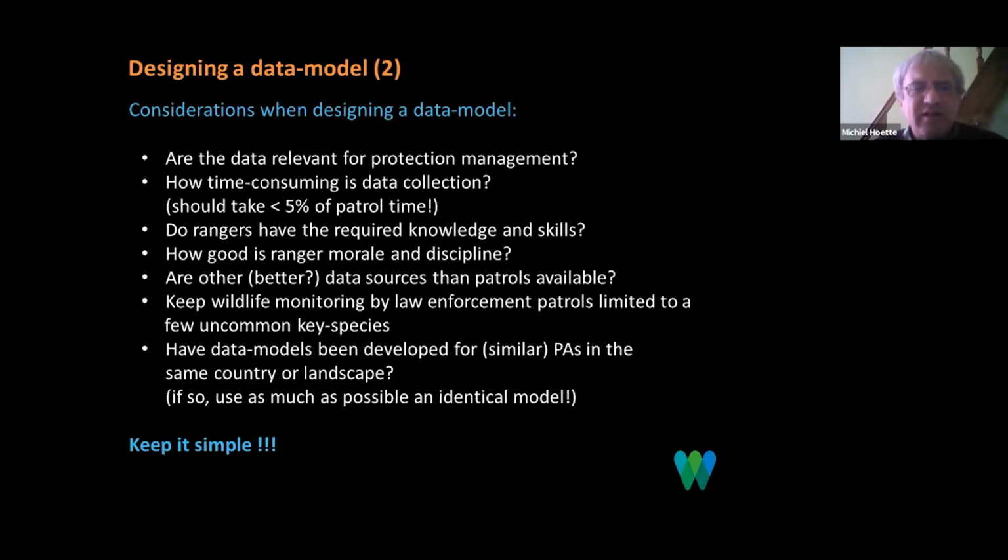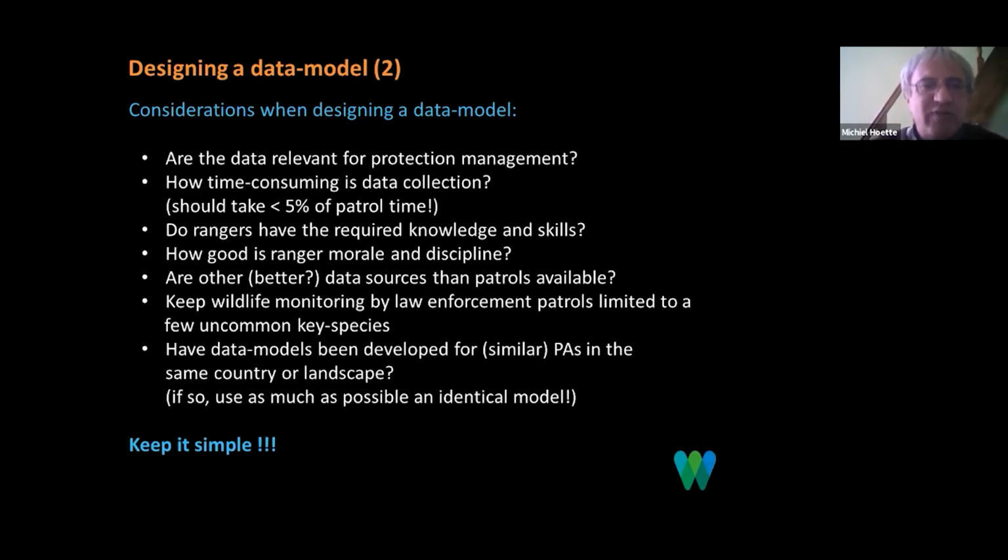Well, these are a number of considerations that I advise to take into account when you design your data model. Of course, it sounds obvious, the data that are being collected should be valuable for management. You should be able to use them to improve things.